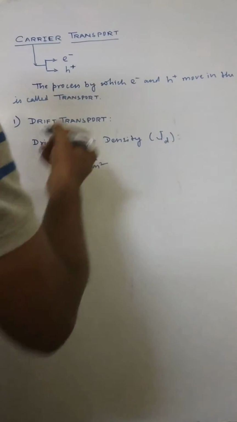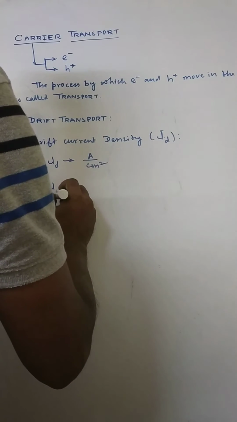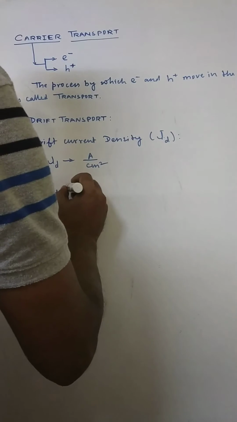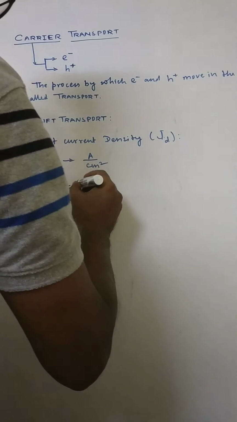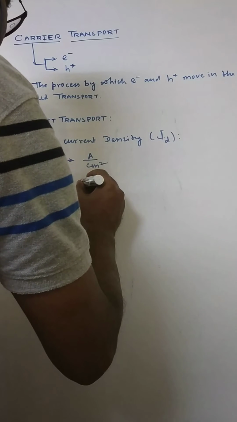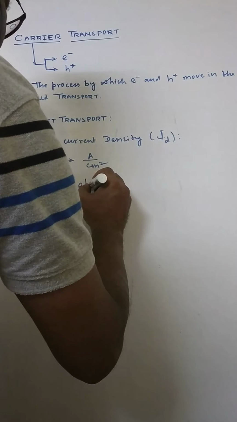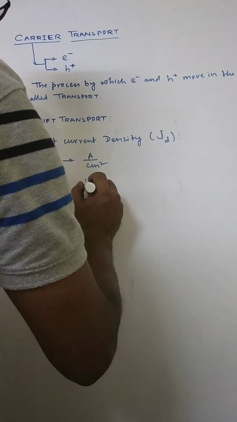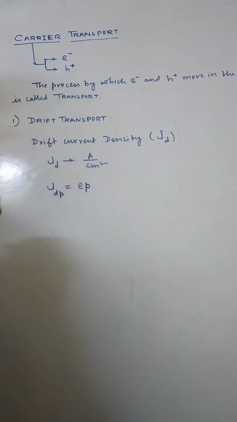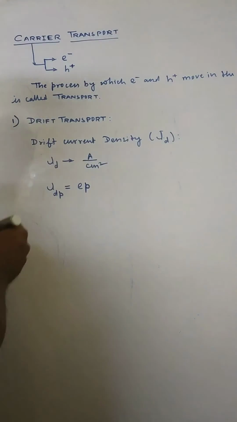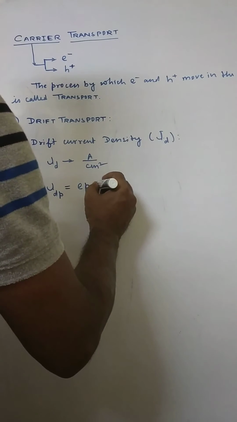When the hole movement takes place, we can write JDP is equal to the charge density, that is the charge of a hole times the hole concentration, which I denote by P, into Vd.